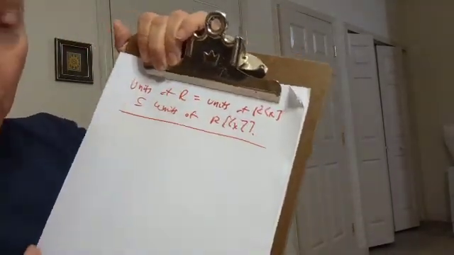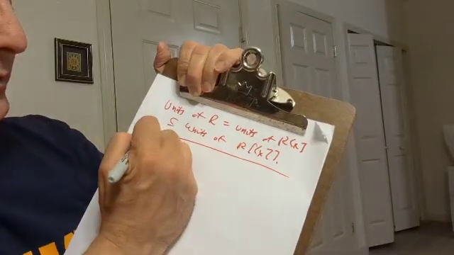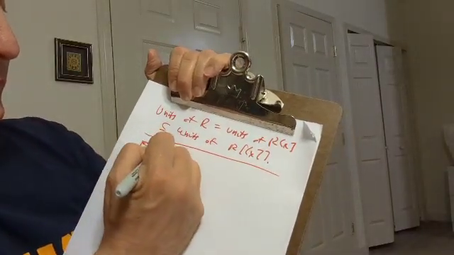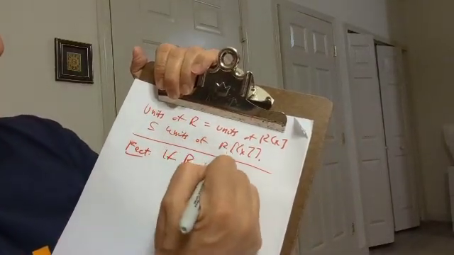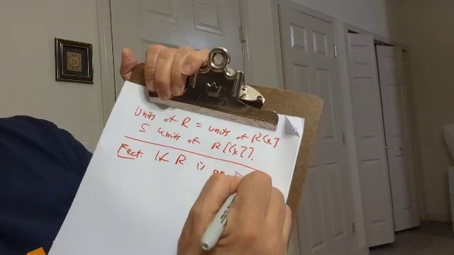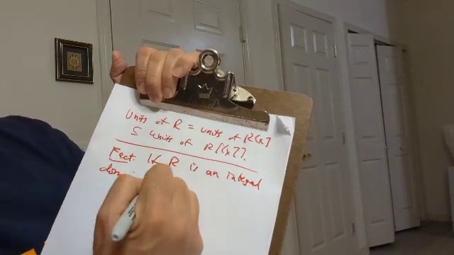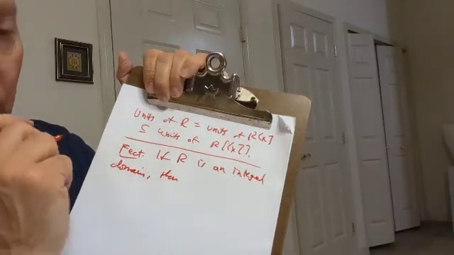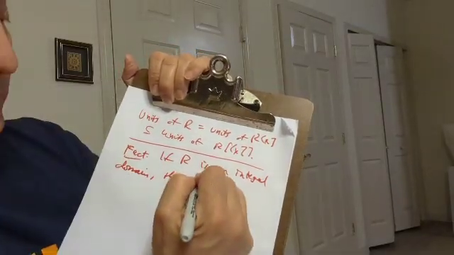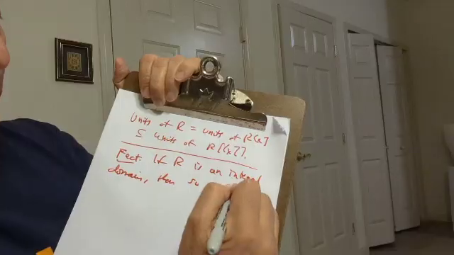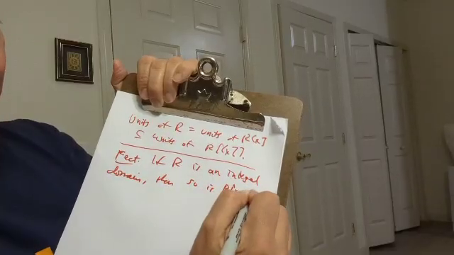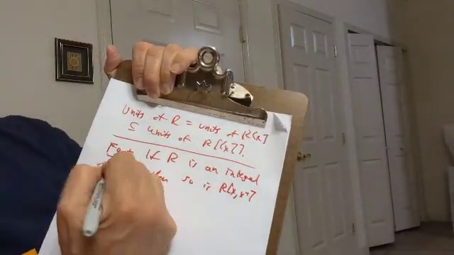Now let's look at Laurent polynomials. If R is an integral domain, then so is R bracket X inverse, as we showed before.